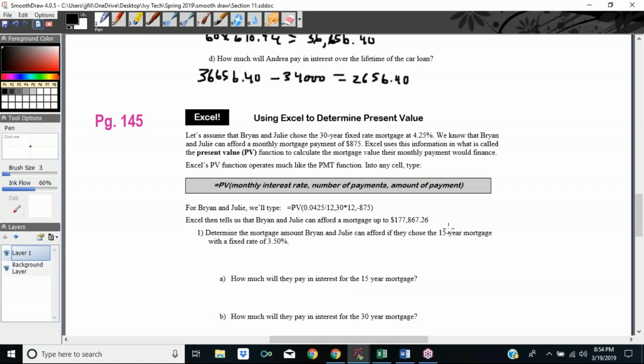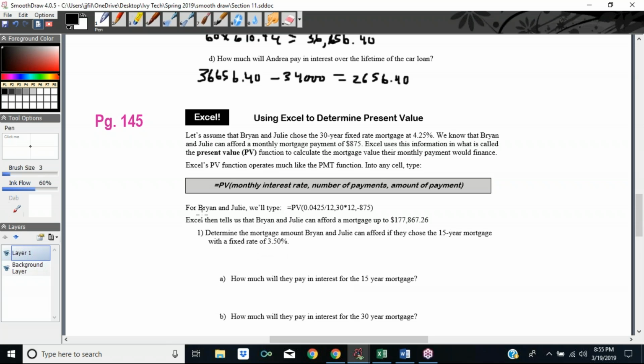We know that Brian and Julie can afford a monthly payment of $875. Excel uses this information in what is called the present value function to calculate the mortgage value their monthly payment would finance. So this is different than the PMT function. The PMT function is, how much will my monthly payment be? The PV function is, if I know how much I can afford each month, how much house can I buy?